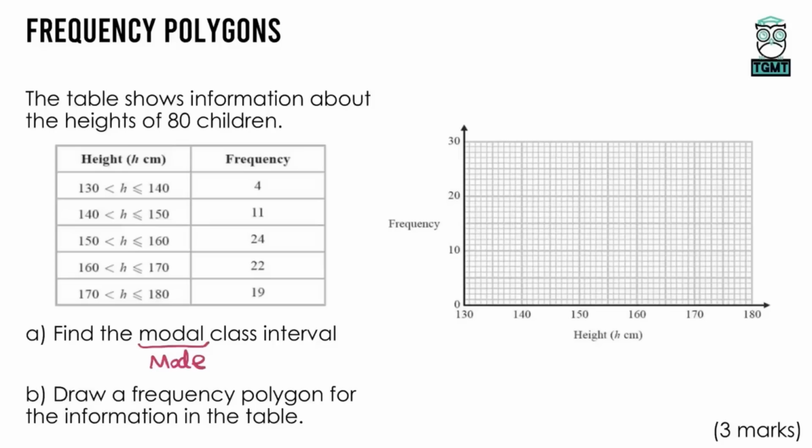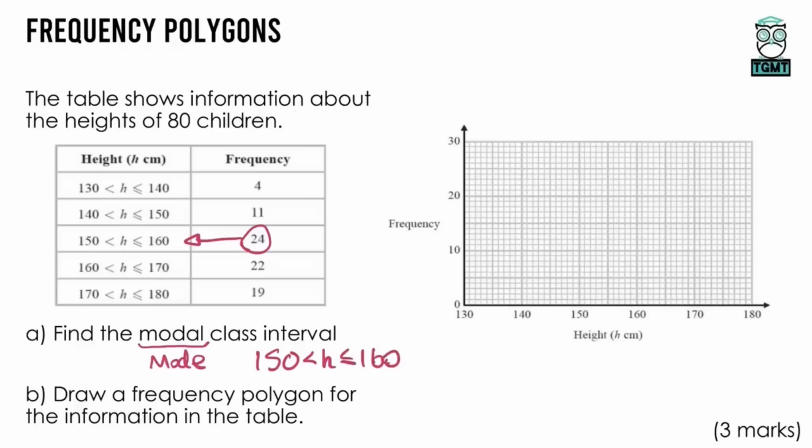So for the mode we're looking at which is the most common group. You can see over here, there's a frequency of 24 in one of those groups. And that refers to this particular group over here. So the most common, and this is about the height of 80 children, so the most common height, or the most common group of heights, is 150 to 160, and you just copy down that inequality exactly as it's written in the table.